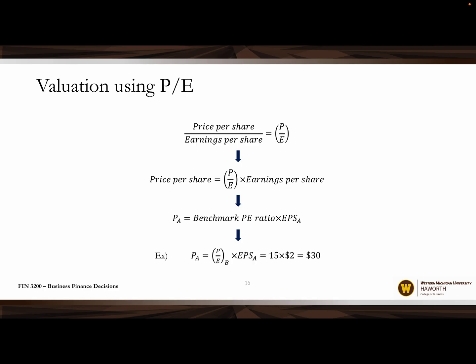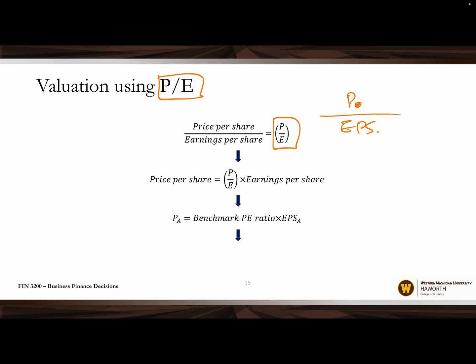So we're going to use valuation using the PE ratio. The PE ratio is new, but it's pretty simple. We take the price per share, the share price we've been talking about, and divide it by earnings per share.